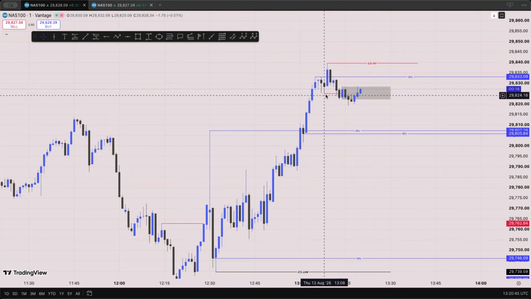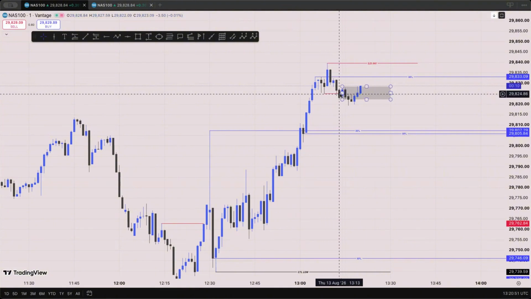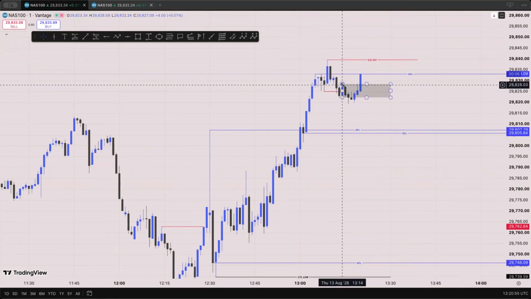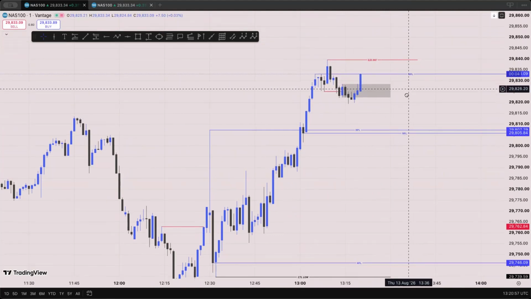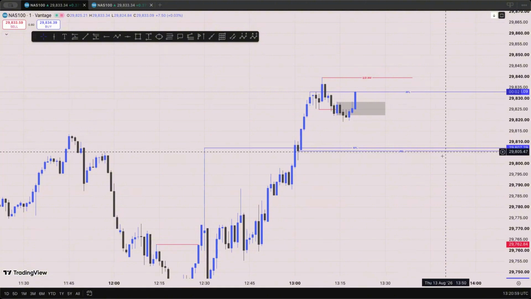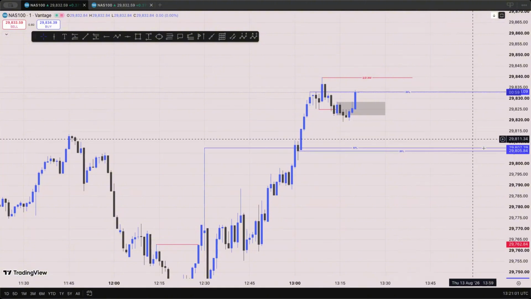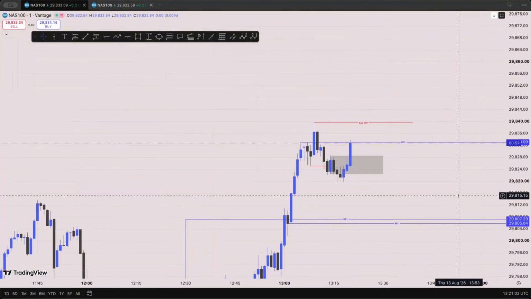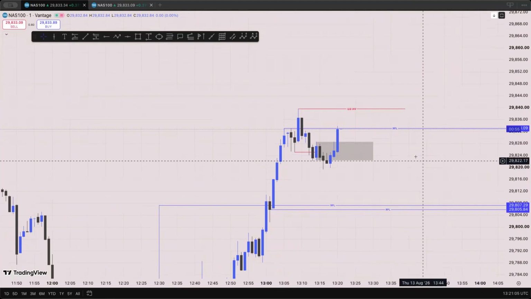And now this current higher low has been invalidated. So what I'm now waiting for is price to close above this demand created right here to then give me an entry confirmation. Price just closed above it. Now I'm going to wait for an entry confirmation.